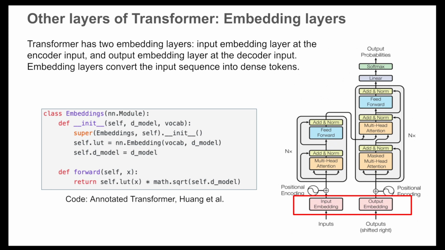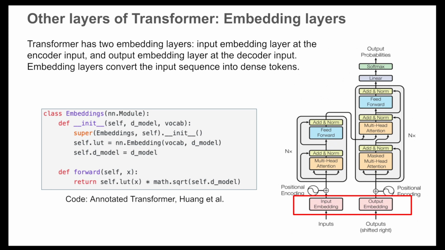Embedding is just a simple layer in PyTorch, also available in Keras. It takes the vocab and d_model, or dimensional model, which is maintained across the whole network. The dimension of the model is also referred to as the width of the model. After computing the embedding, we also multiply the weights by the square root of d_model.